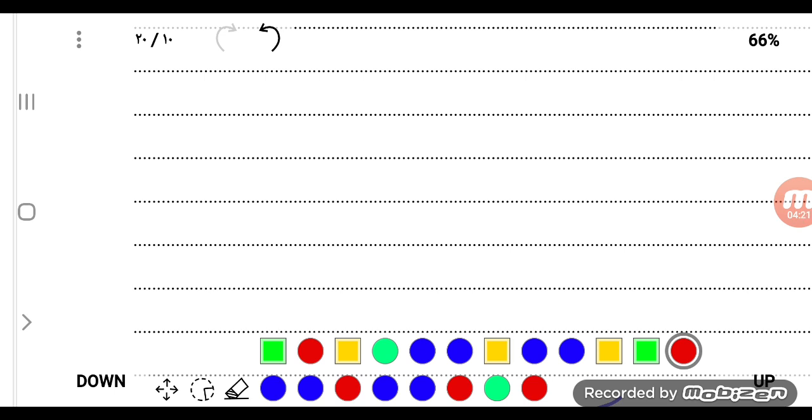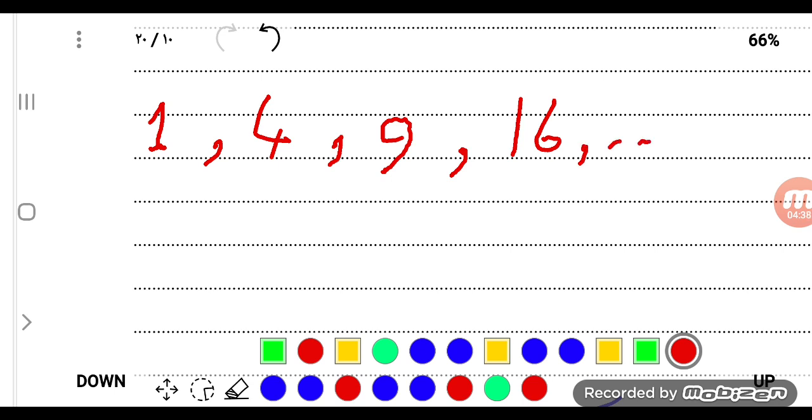For example, let's say the first term is 1, the second term is 4, the third term is 9, the fourth term is 16, and so on. So this is called a quadratic sequence. Why? How do we get the next term?